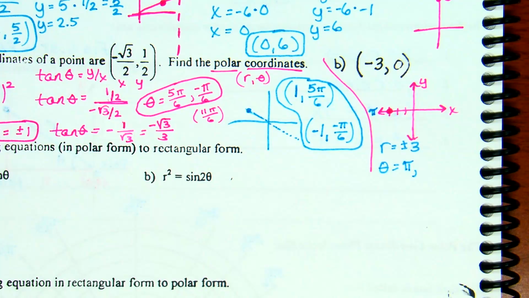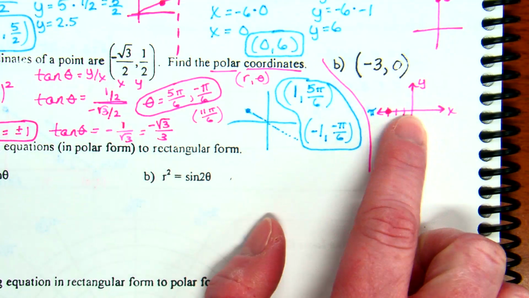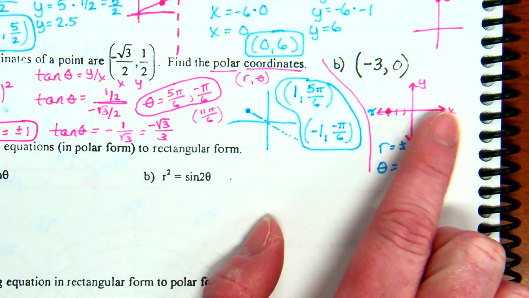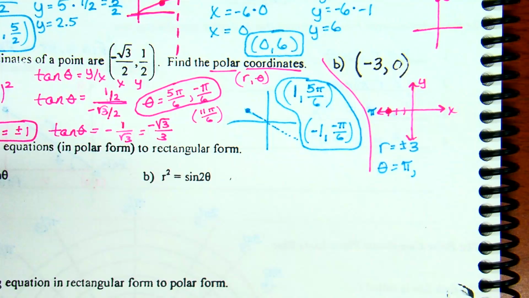Okay, so this is pi over here, right? Now, what's the other angle we're going to use? Because if we have a positive R value, we're going out on pi. But remember, what's the value that's on the other side of the pole? And what's this angle over here? That is 0. 0 or 2 pi. But we always use the first one around the x-axis, so we're going to say 0. So those are the R and theta values we're going to use. Now it's putting them together.